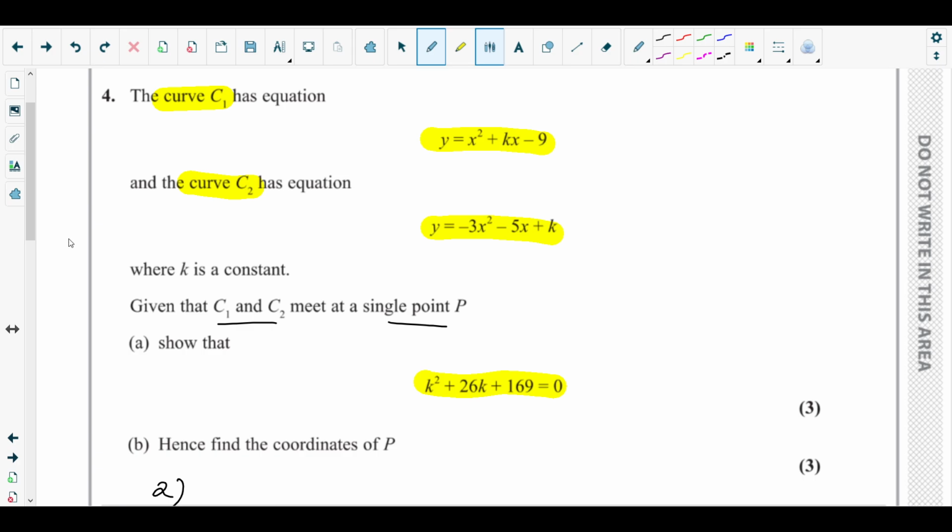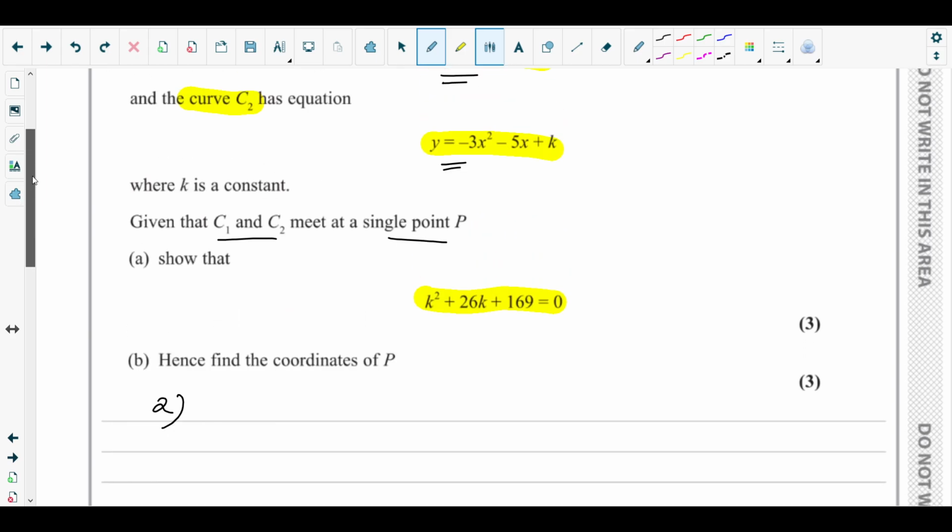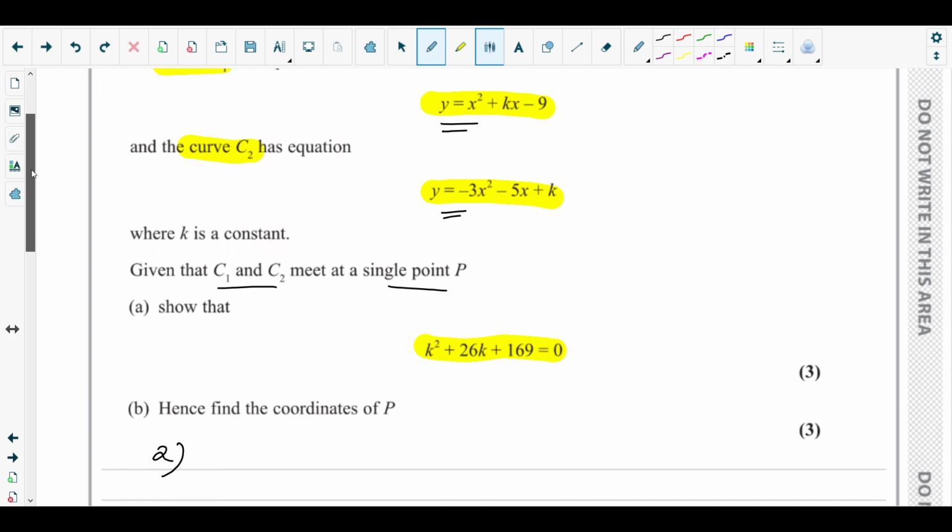What do I mean? The x value and y value for this equation would be the same as the x value and y value of the other equation. That means at point P we can equate their y values.